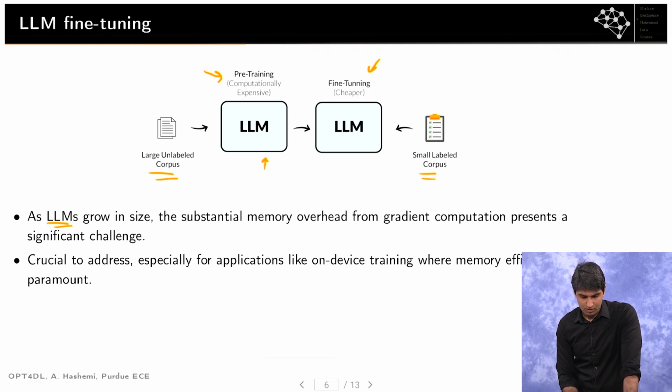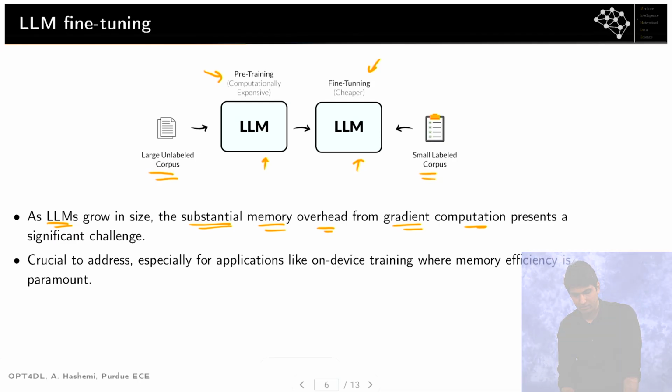On the other hand, because the size is growing, there's going to be a substantial memory overhead needed when performing gradient computation in the fine-tuning step. Okay, and the premise is that this is very crucial to address, especially for applications where we want to perform this fine-tuning on device.